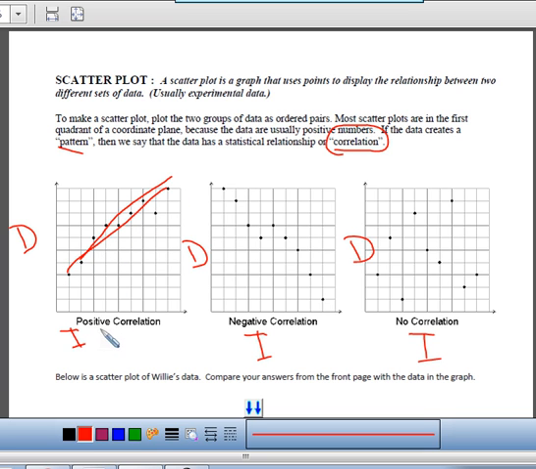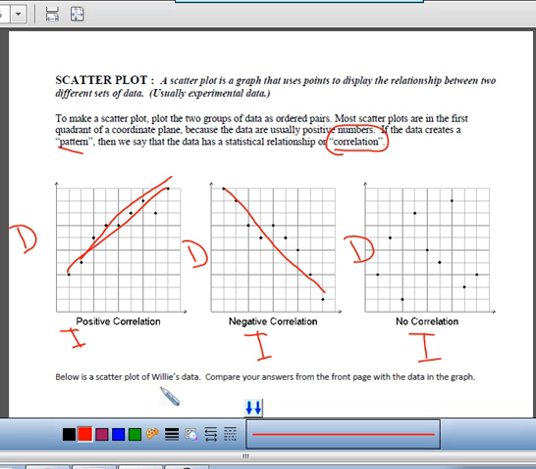So that's a positive correlation. When it looks like it's going down, in other words, as the X independent is going up, the dependent is going down. That's a negative correlation. And then this one, there really doesn't look like any pattern at all. The dots are all over. So that's called no correlation.